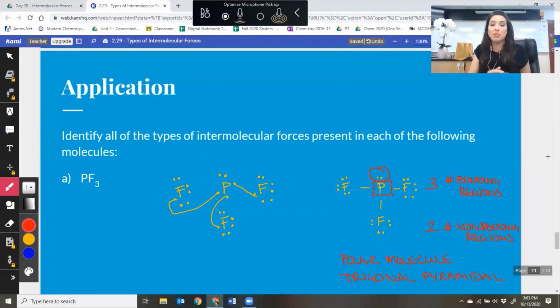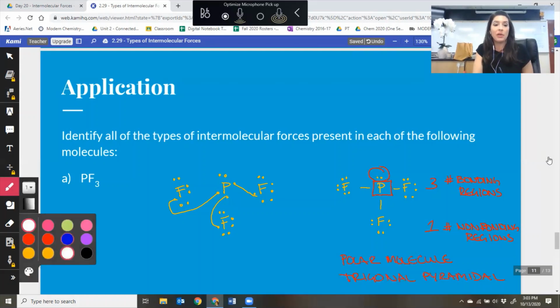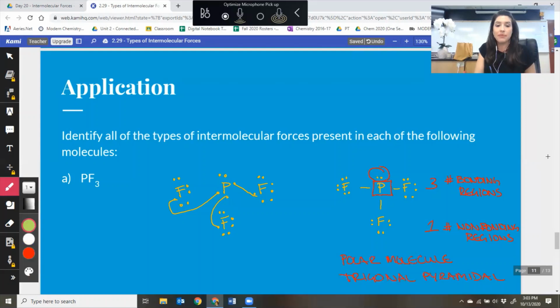And because it's a polar molecule, I can say that it has the following intermolecular forces. It's going to have London dispersion forces, because every molecule includes London dispersion forces. And since it's polar, it's also going to have dipole-dipole forces. And then my last question is, does it have H bonding?